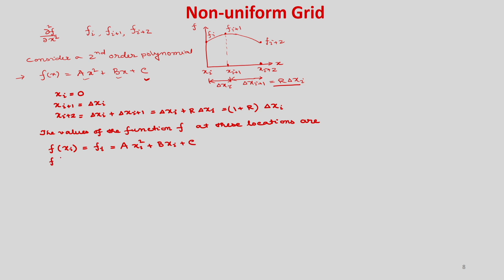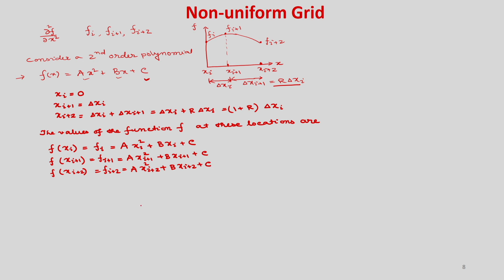Similarly, if you put x i plus 1, then at this location f i plus 1 is equal to a x i plus 1 square plus b x i plus 1 plus c. And similarly, at location x i plus 2, f i plus 2 is equal to a x i plus 2 square plus b x i plus 2 plus c.